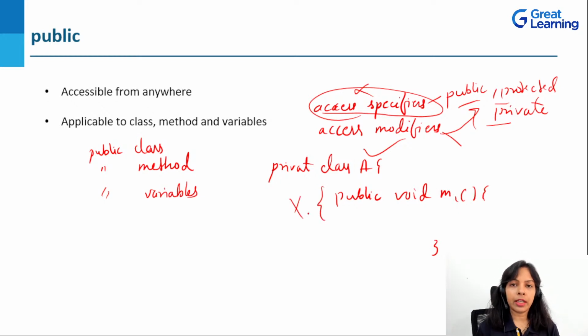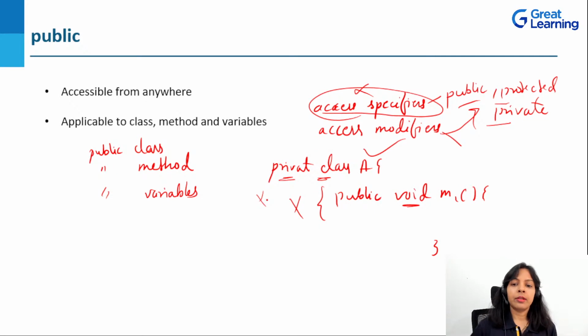It will throw a compile time error, because before defining a public method you have to check that its class also should be public. Private is a more restricted access modifier, and you are defining the method inside it to be accessed from anywhere, but you are not making this class accessible from outside anywhere else. So it is a contradictory thing.